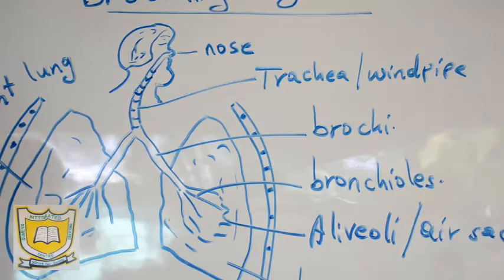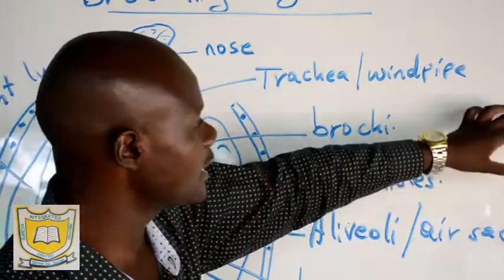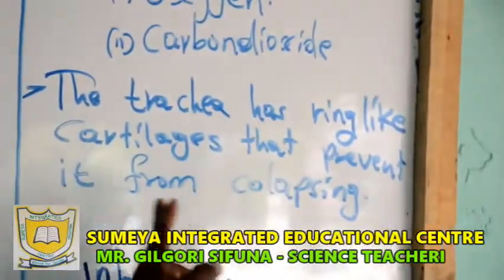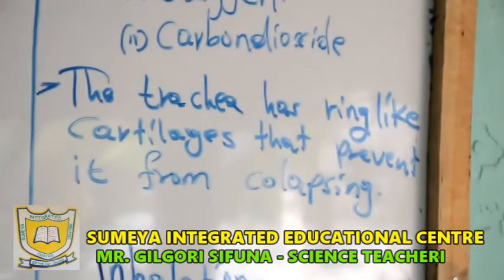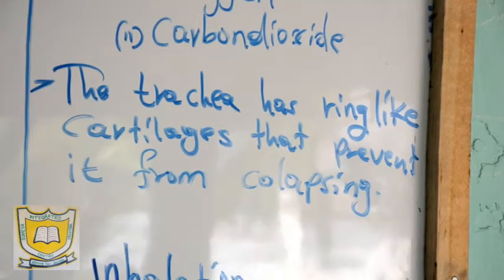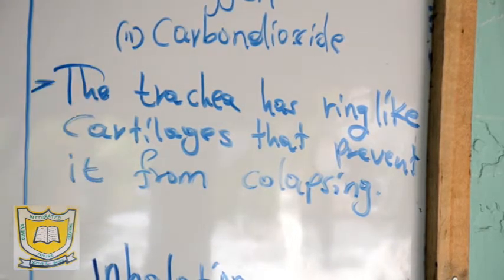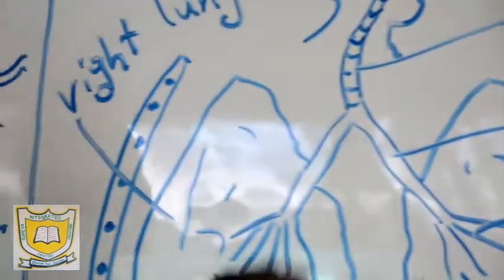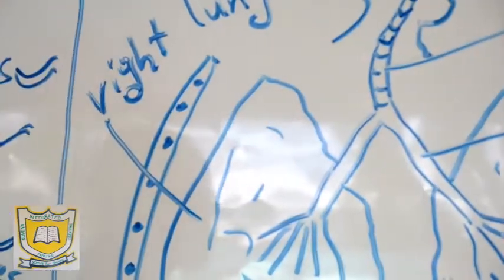What is the function of the ring-like cartilages? The trachea has ring-like cartilages that prevent it from collapsing. When we say collapsing, it means the windpipe will remain open all throughout, so it cannot close because of the ring-like cartilages found on the trachea.